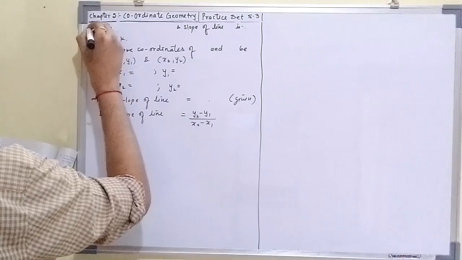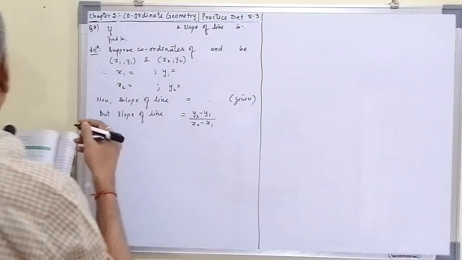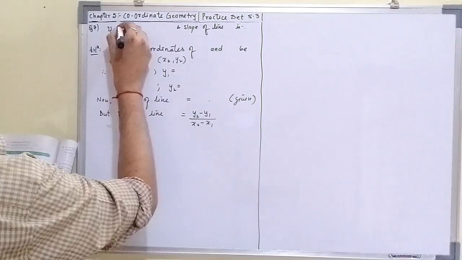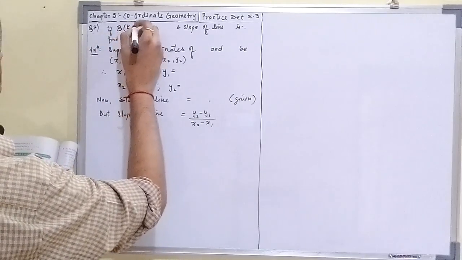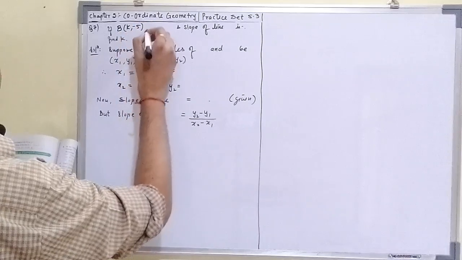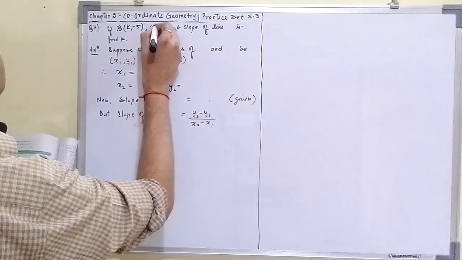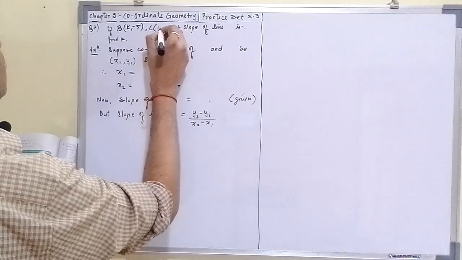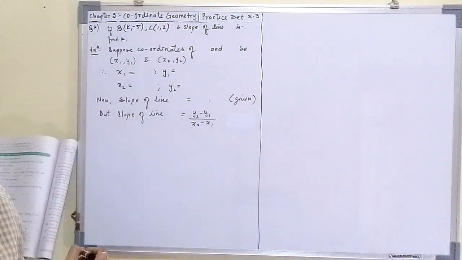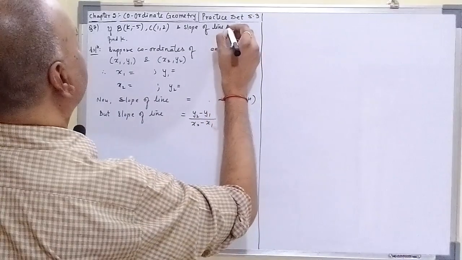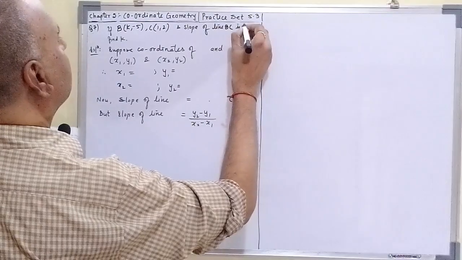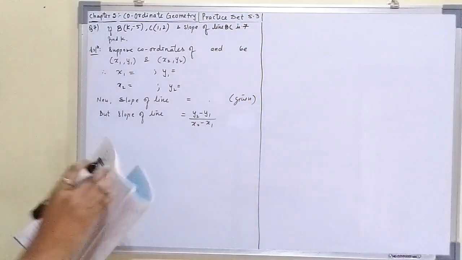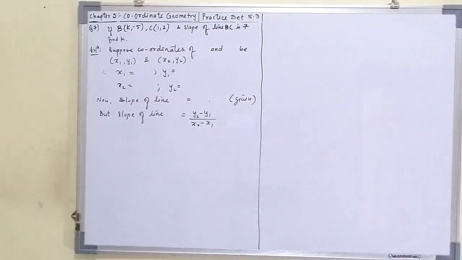Question number now 7. If B is (k, -5), C is (1, 2) and slope of line BC is 7, you have to find K.